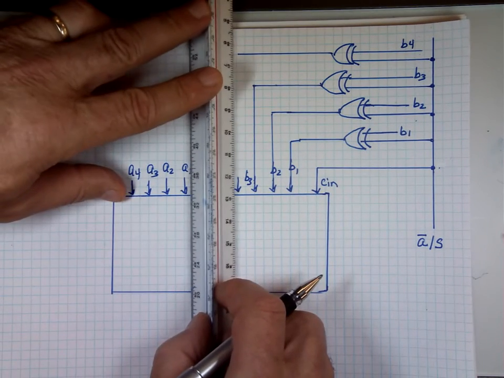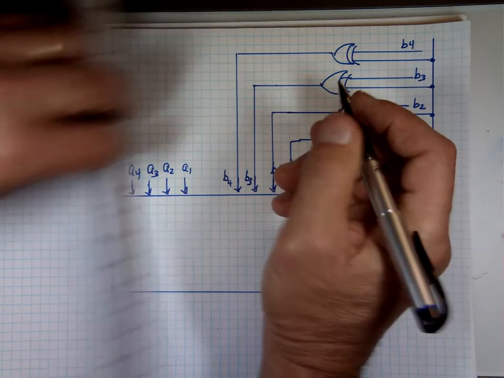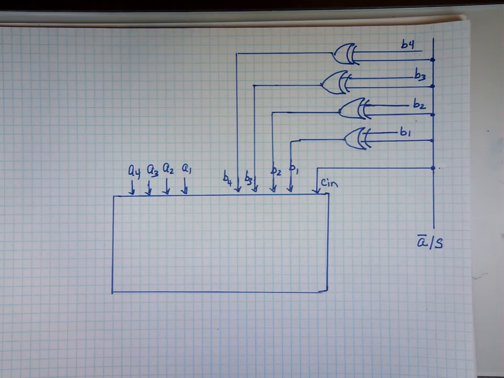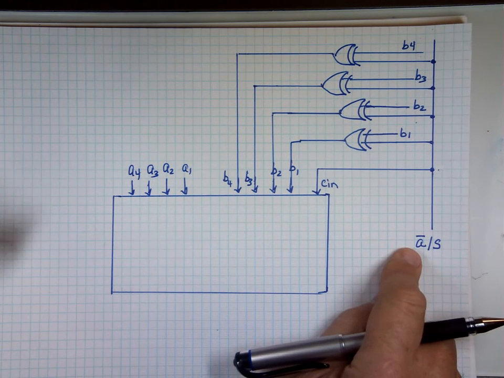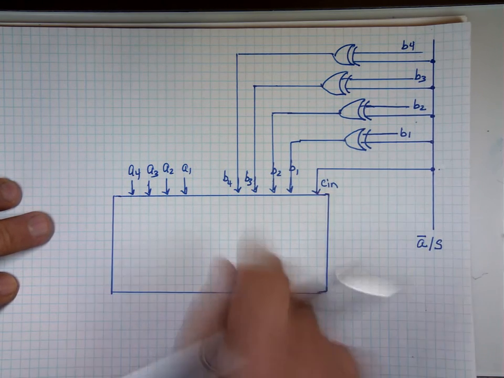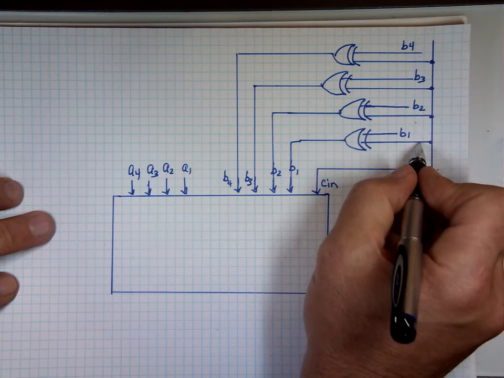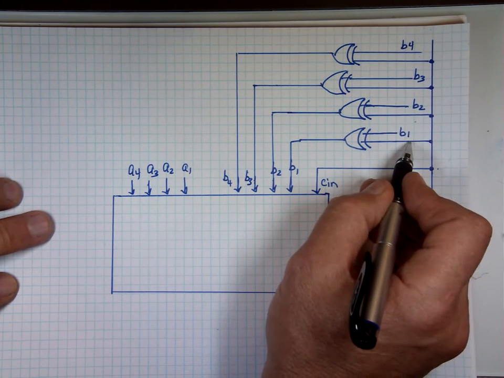So let's see what happens. When you make that pin 0, that's for addition, you get a 0 coming in. There's no carry. That's good. But now you get a 0, a 0, a 0, a 0. What is 0 XOR B1?